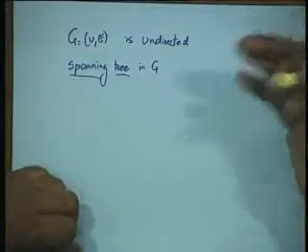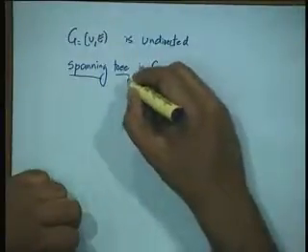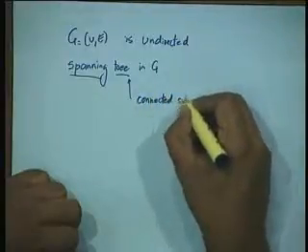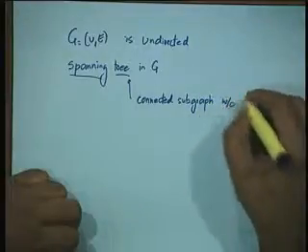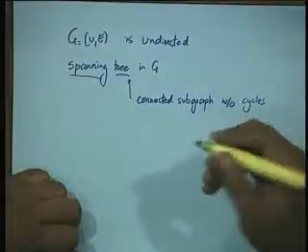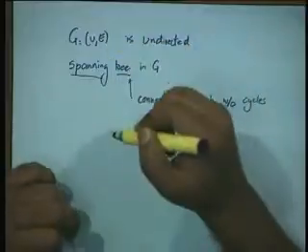What is a tree? A tree is a connected subgraph without any cycles. And what does spanning mean? Spanning means that it should include all vertices.